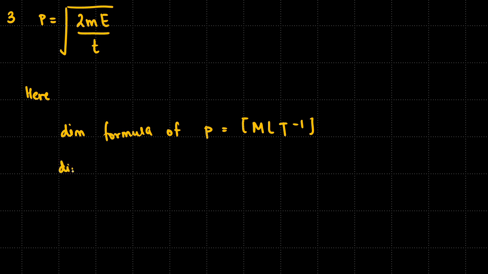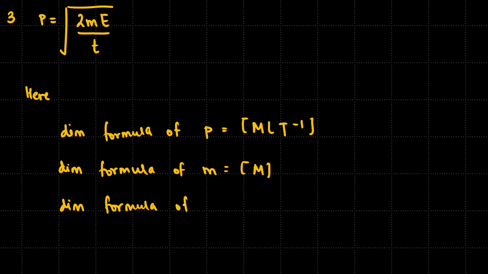So next one, dimensional formula of M, which is mass, which will be M, and similarly dimensional formula of E, which is energy, will be mL squared T minus 2.